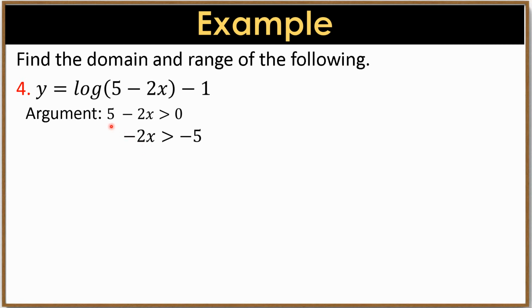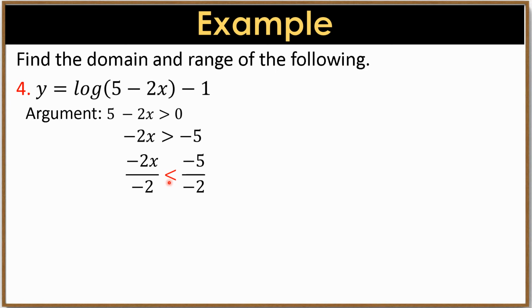Applying the addition property of equality, from positive, it becomes negative. And then, we divide by negative 2. So, as you see, class, we change the inequality symbol. Why? If we divide by a negative number, we have to change the inequality symbol.